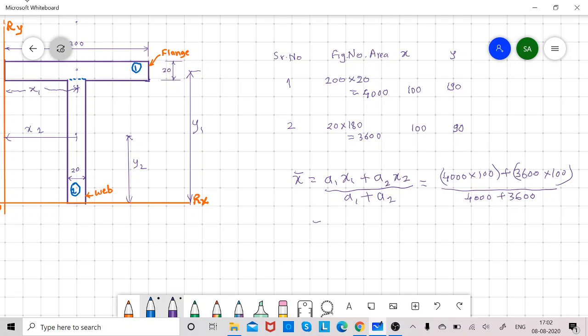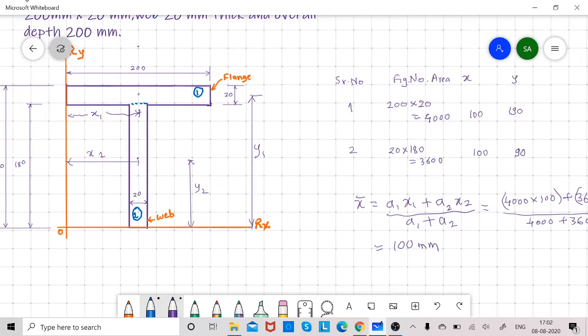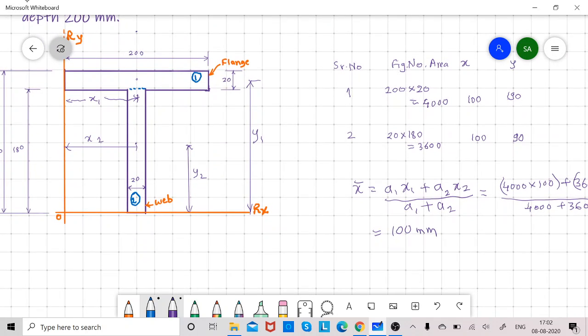If you simplify this, you will get 100 mm. Actually, there is no need to calculate because the figure is symmetrical about the vertical axis. But as it is the first problem, I am going to show how x bar is calculated.